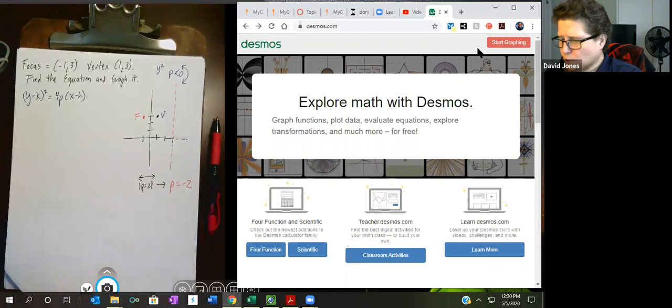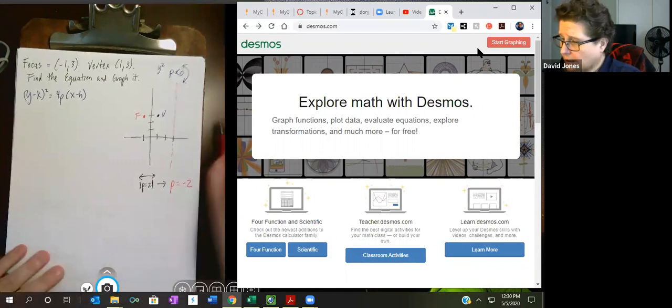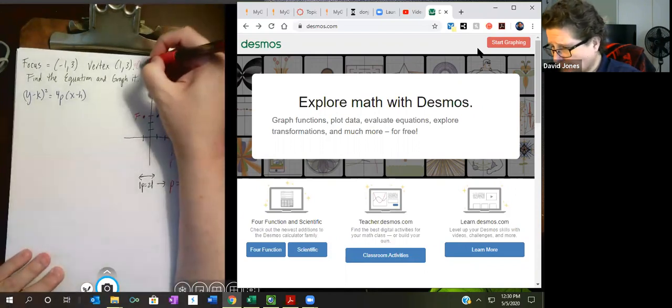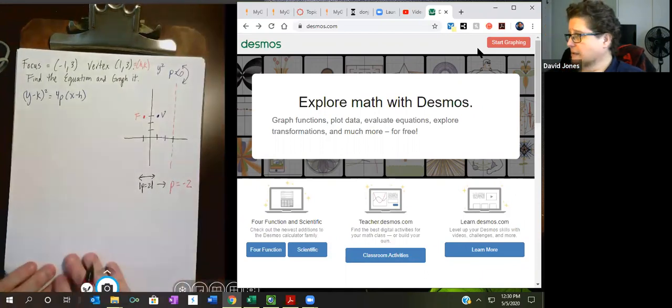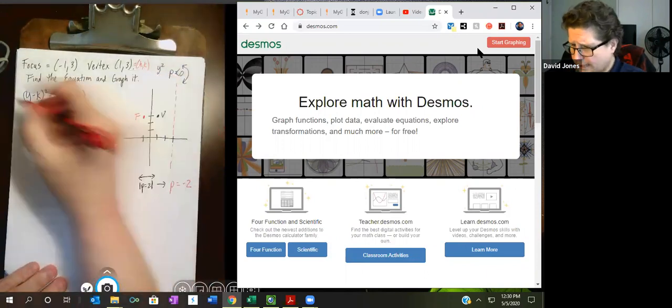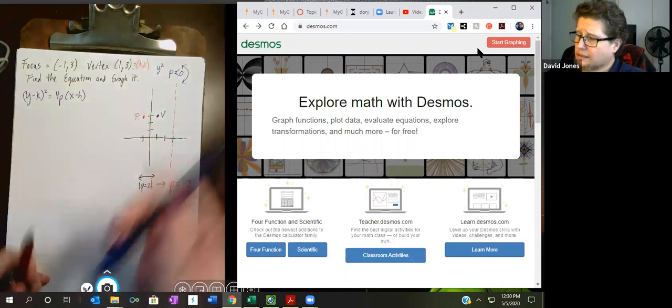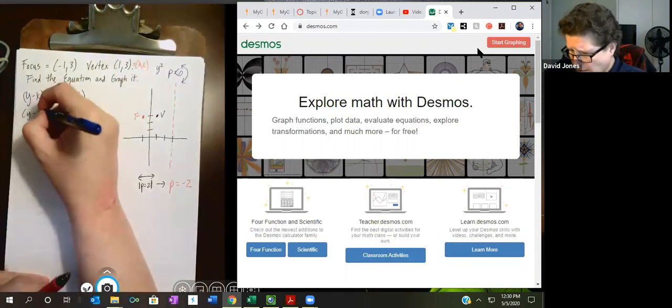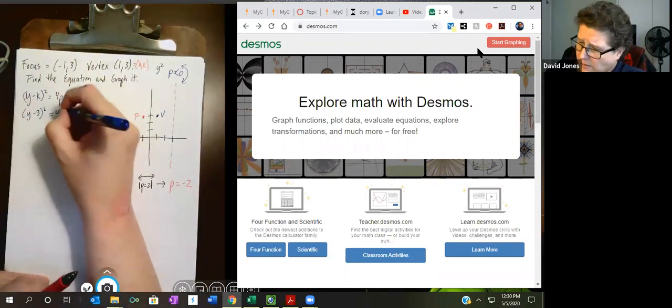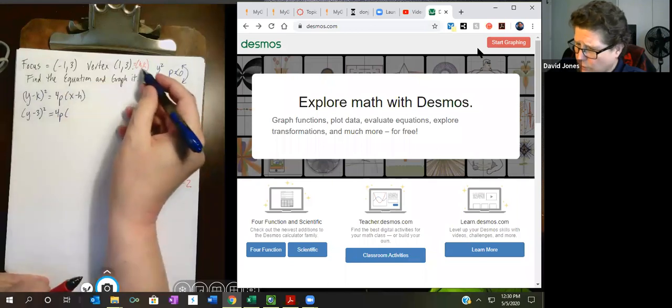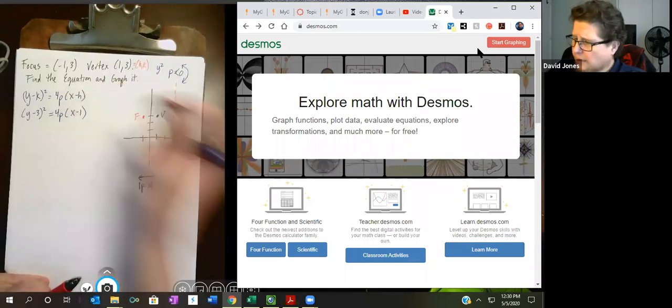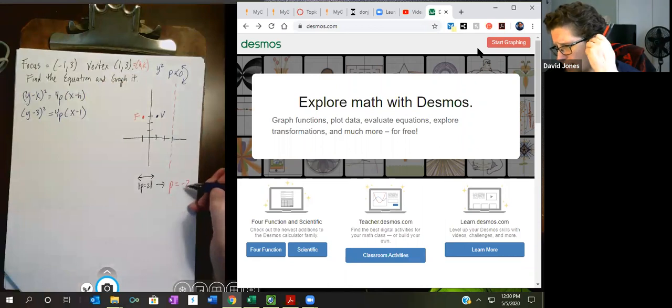My vertex is (1, 3). That helps me. That's my h, k. So k equals 3. h equals 1. And I just identified p equals -2.